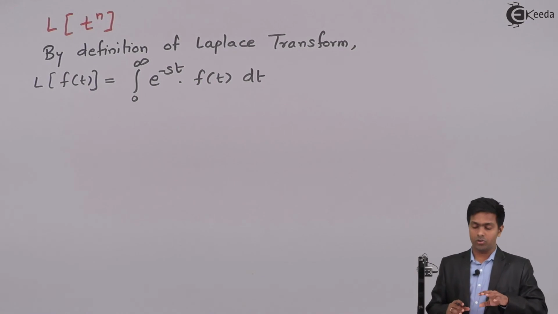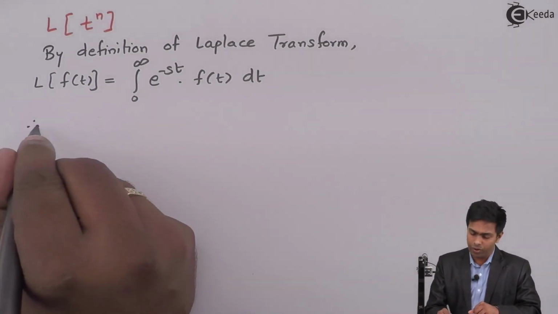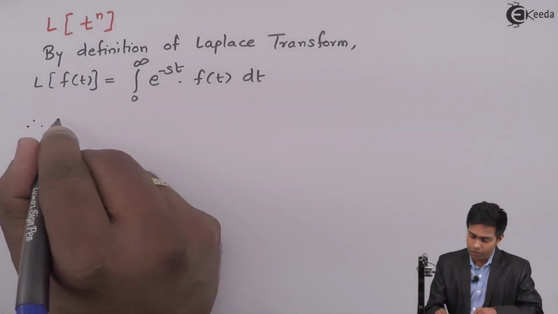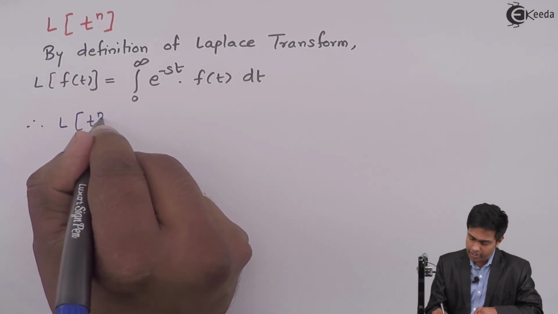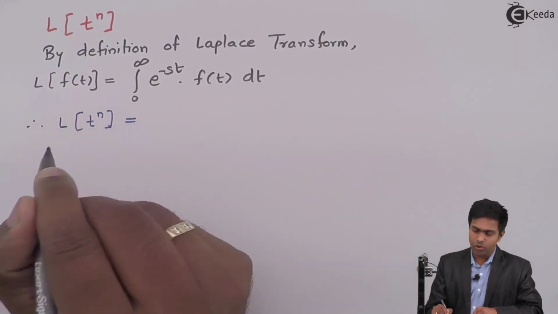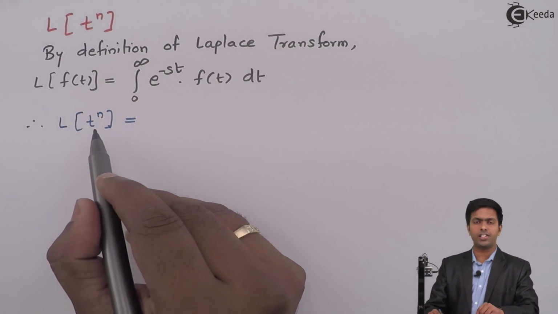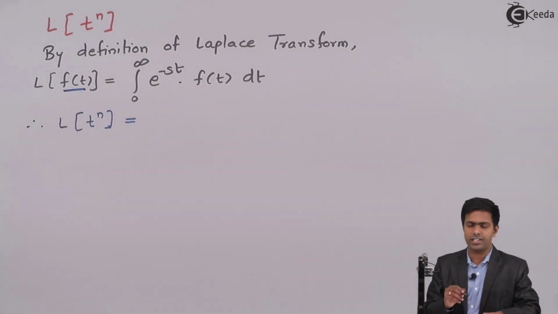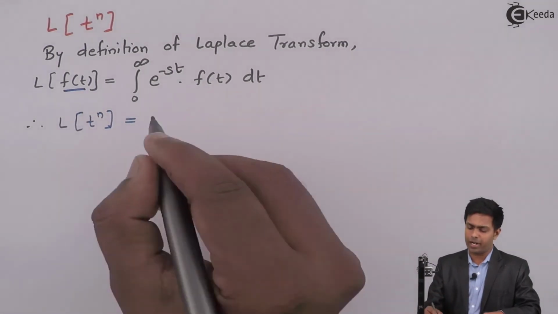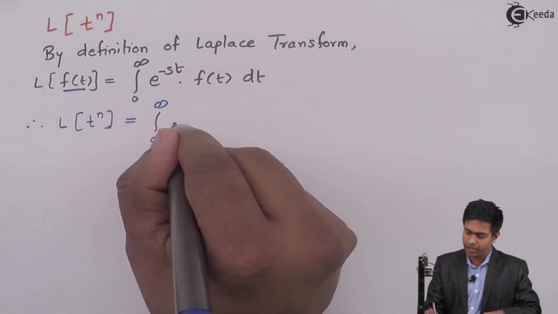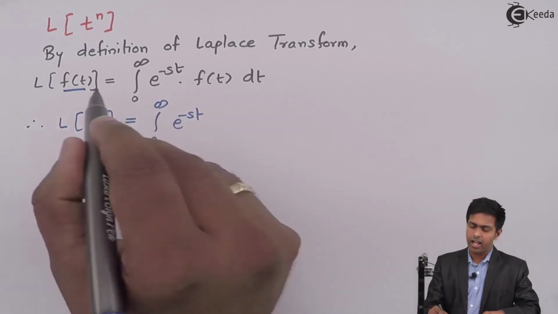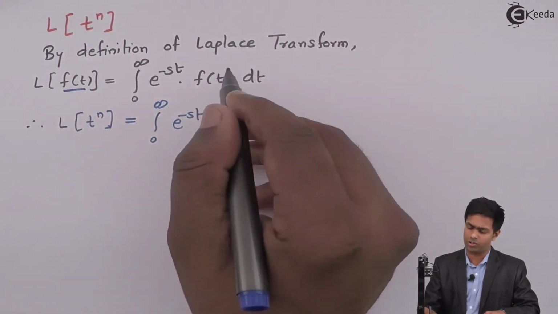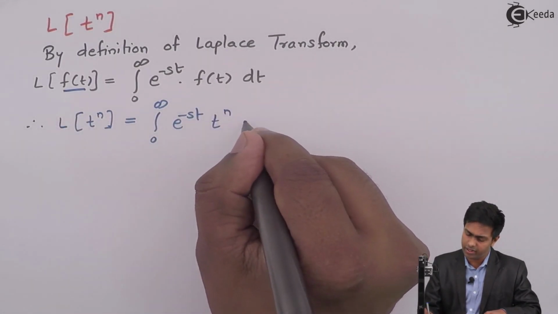Now we'll use this definition. Therefore the Laplace of t raised to n equals, if I compare this function t raised to n with the definition, then I can say that this f of t is t raised to n. So by definition we'll get 0 to infinity e raised to minus st, and this function of t is t raised to n, so on the right hand side we'll get t raised to n dt.